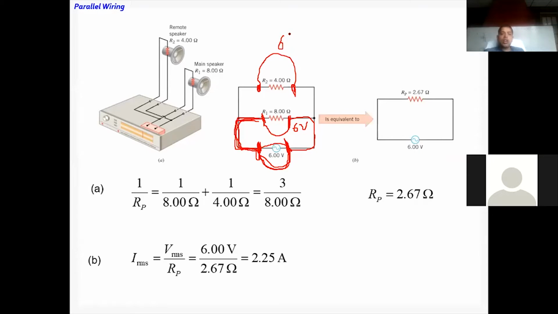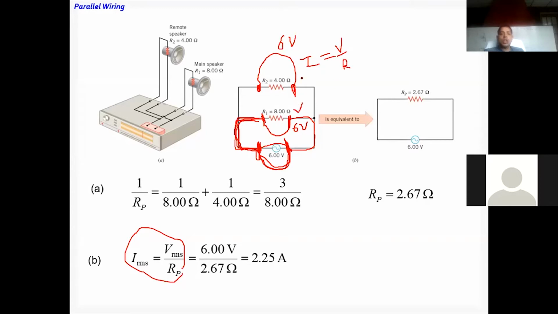Now, how do we find the current? Current is V over R, right? So in this case, I equals V over R. The same formula can be used here also.